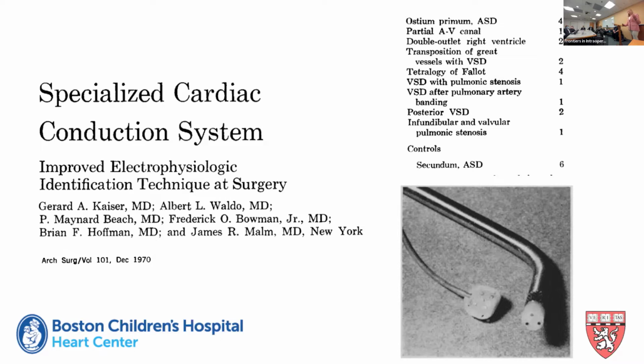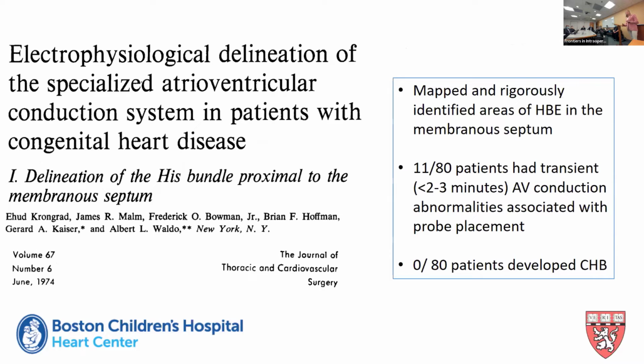This particular paper was more of a descriptive approach and didn't really get into much as far as how this affected the outcome and decreased the rate, but they presented this as a technique and noted that the rates of heart block were so significant, and the morbidity, as we saw with Dr. Del Nido, was in the 30% range if you got heart block. So it was sort of a conceptual approach to start.